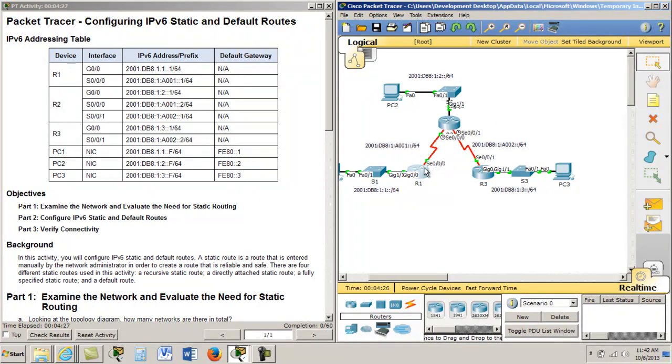So the networks that R1 does not know about are 2001:DB8:1:2, 2001:DB8:1:A002, and 2001:DB8:1:3. So we need to tell R1 about these 3 specific networks in order for R1 to be able to route packets on behalf of any of its own networks.